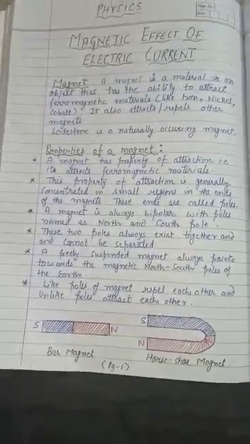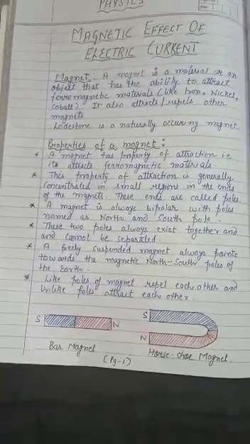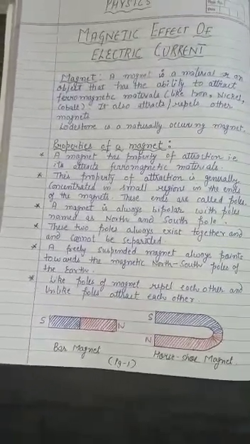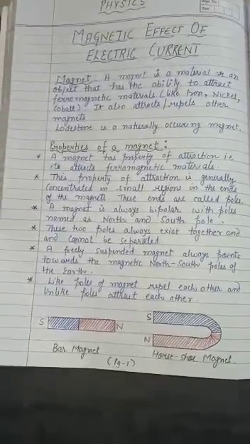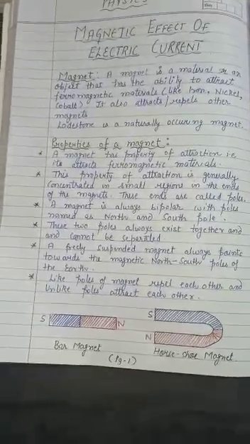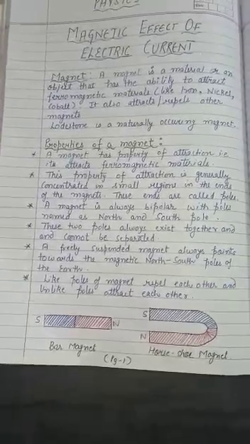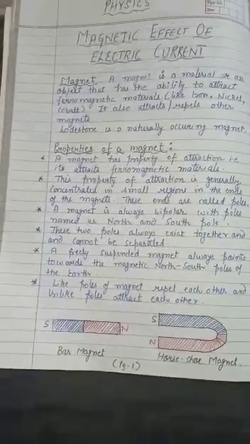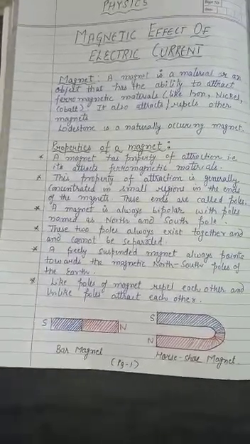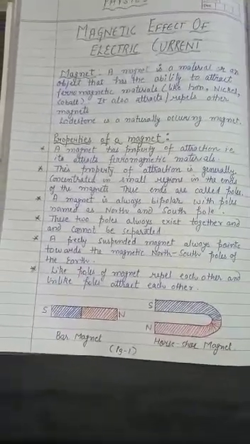They are not the same. So a freely suspended magnet will always point towards the magnetic north-south of the earth. That is, the end of the magnet which points towards the magnetic north of the earth will be the north pole of the magnet, and the other one which points towards the south of the earth will be the south pole of the magnet.